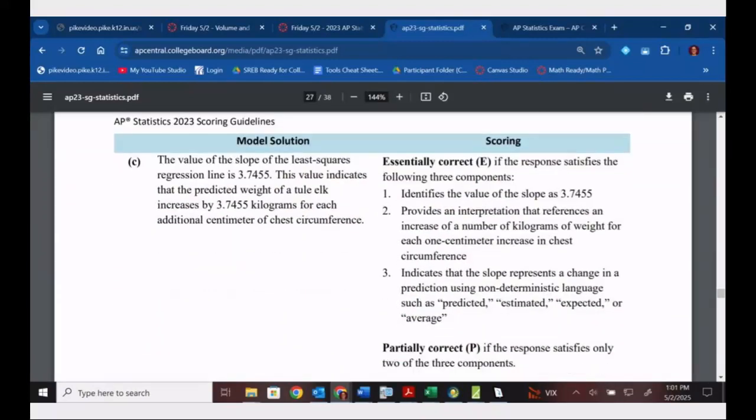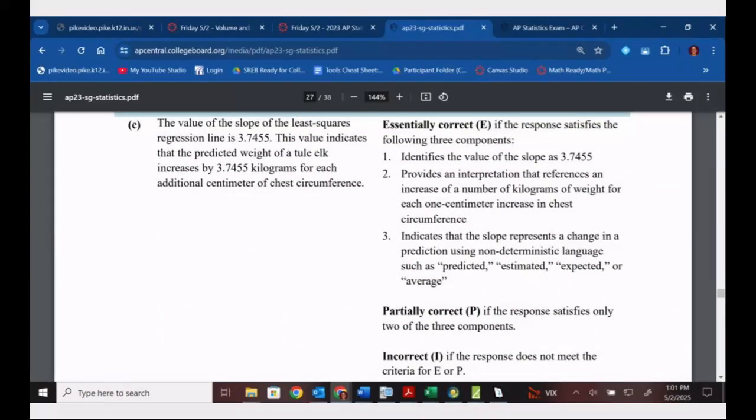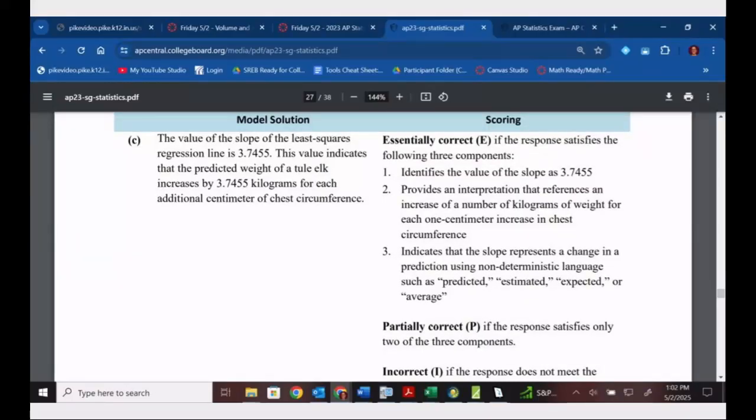Part C, 3 components here. Identified the slope as 3.7455. You did not have to do what they did, which is to say the value of the slope is. If you interpreted the slope and you grabbed the right number as the slope, that would count for component number 1.